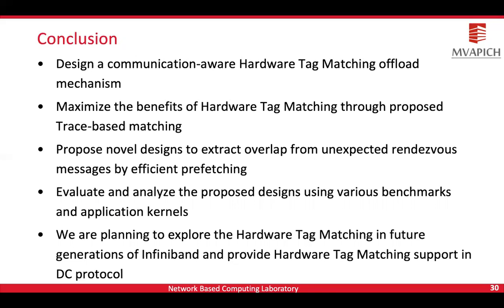We have proposed novel communication designs to minimize the bandwidth overhead of the hardware tag matching, and we have proposed novel designs to extract overlap from unexpected received messages through efficient prefetching. We have done a thorough evaluation of the proposed designs using various benchmarks and application kernels.